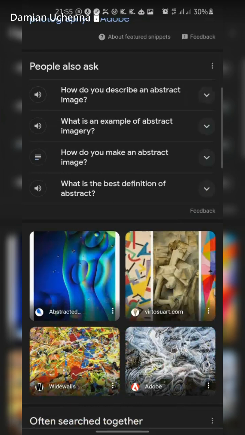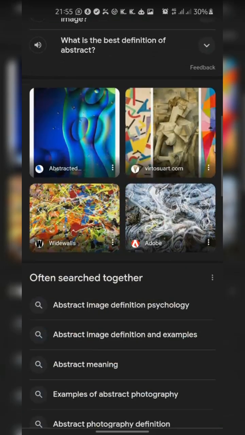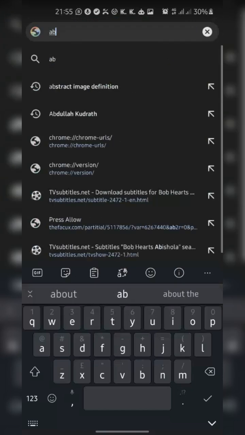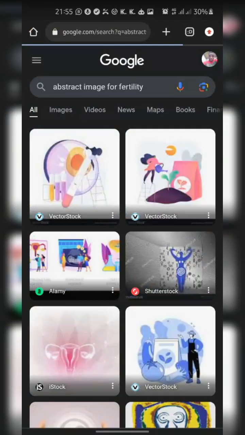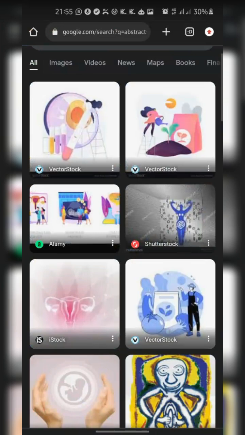Then I want to show you something. Abstract image for, okay. Let's say that we are selling herbal stuffs here.